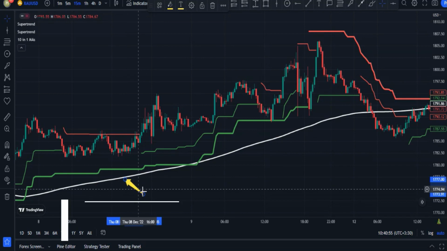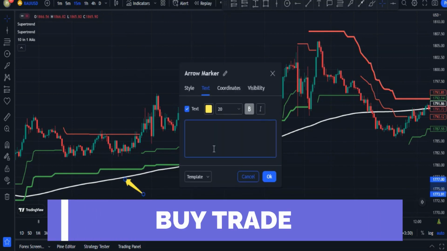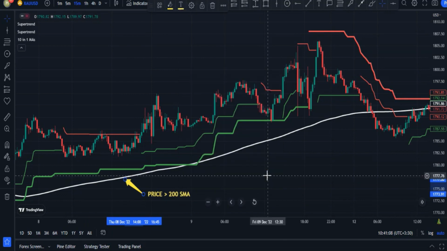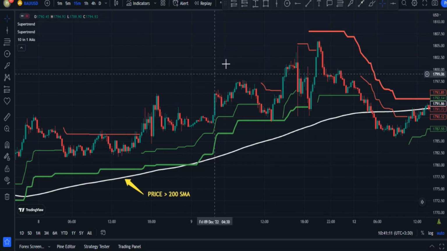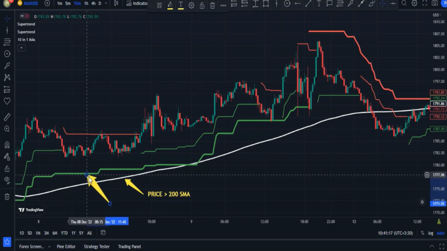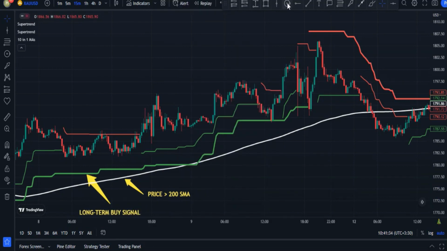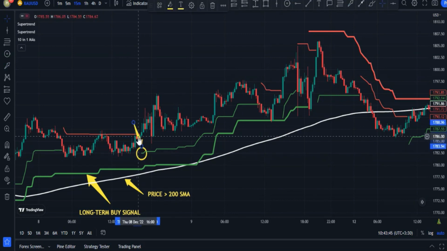For a buy trade, the price action must first be above SMA 200. The buy signal must be issued by the long-term Super Trend indicator, and then a short-term buy signal should appear.